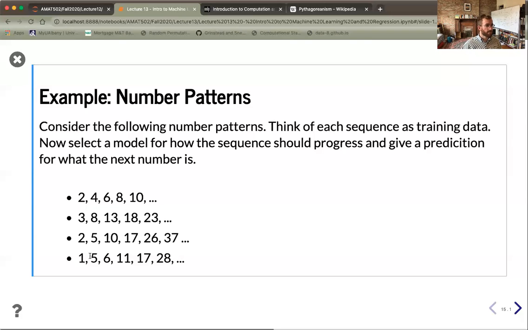We've got one more example. So 1, 5, 6, 11, 17, 28. The difference between each number is 4, and then 1, and then 5, and then 6, and then 11.